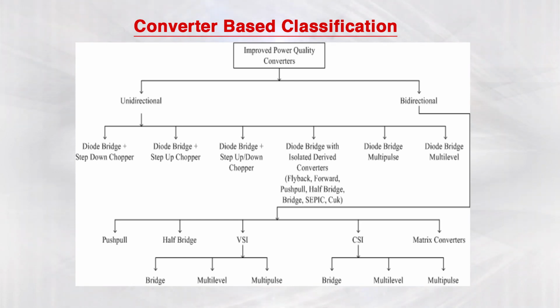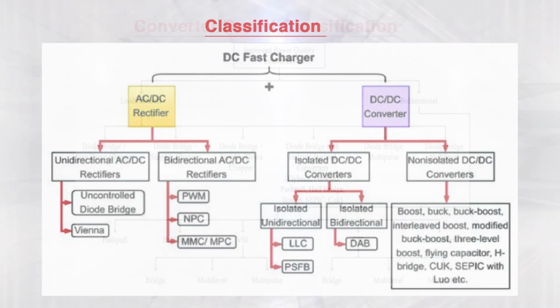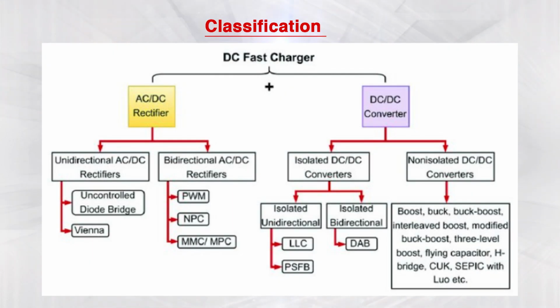Similarly, CSIs are also classified in this manner. Similarly we can also classify DC fast charging, which has a 2 stage AC DC rectifier and DC DC converters, and these can be classified in this fashion.